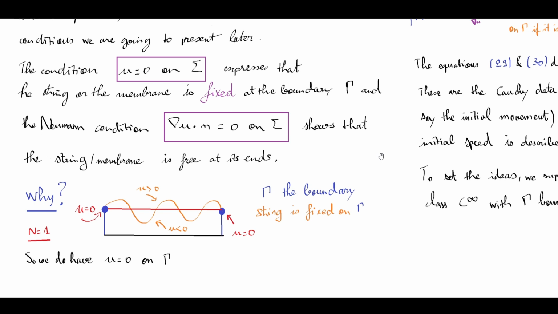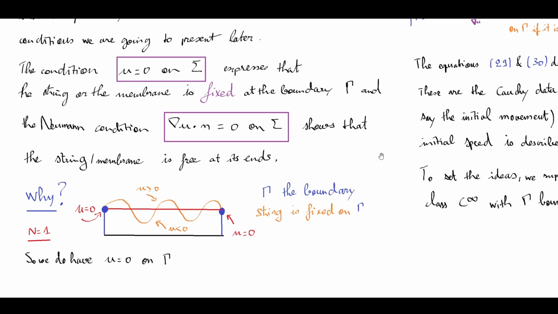The string is orange, and the red line gives us an information where we see u equals 0, and when we go over this red line, u is positive and below u is negative. So this is an illustration for when n equals 1. So we do have here u equals 0 on gamma.